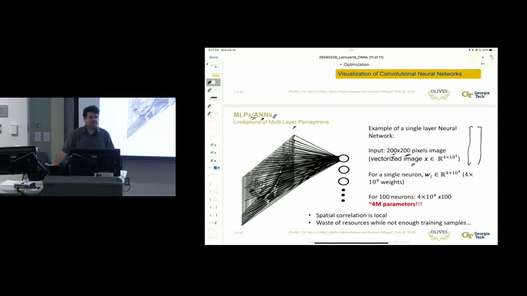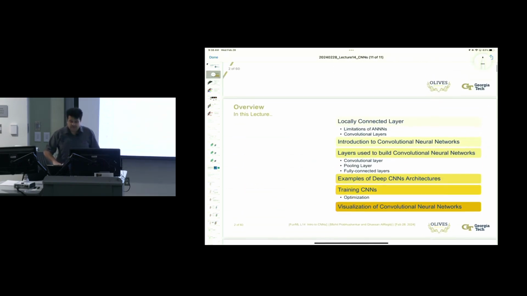Right? Your Iris dataset had just 4 features. Your California housing dataset, I believe, had around 8 features. So now what we are discussing is a very, very, very large input to the order of 10 to the power 4. What that means is that a single neuron will need 10 to the power 4 weights. We discussed a part of this last time when we discussed the difference between SVM and ANN, where if you have certain inputs, let's say x1, x2, until x10 to the power of 4, each neuron in your hidden layer has connections to all these things.